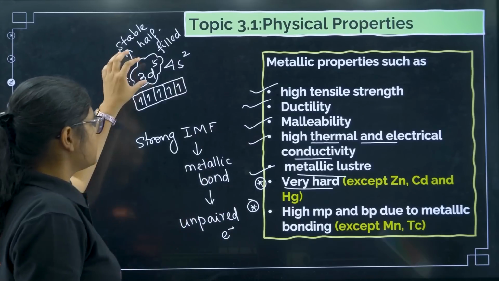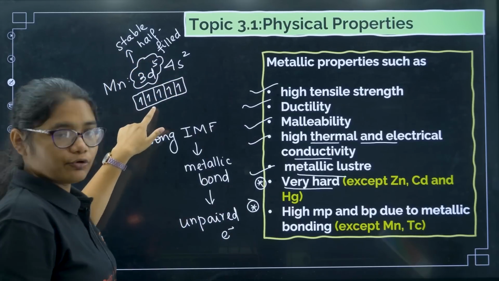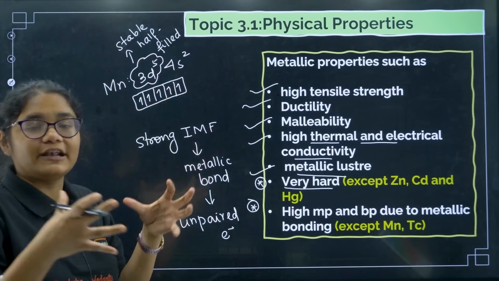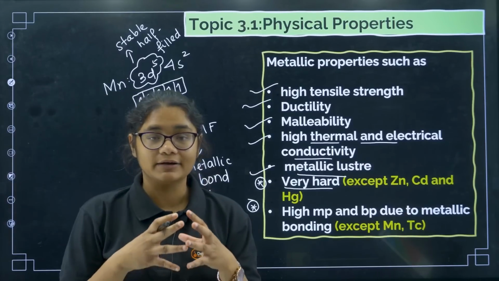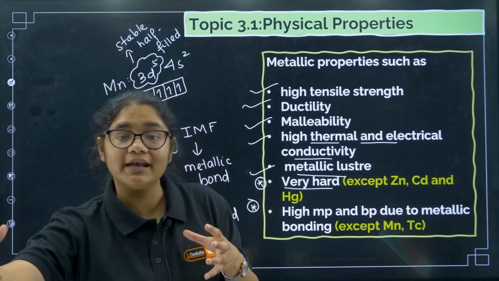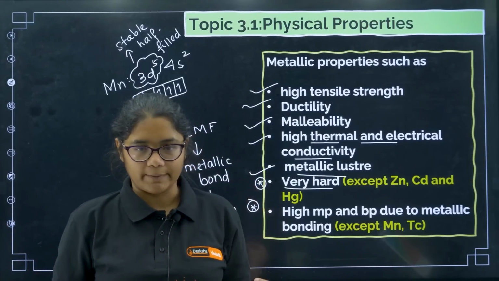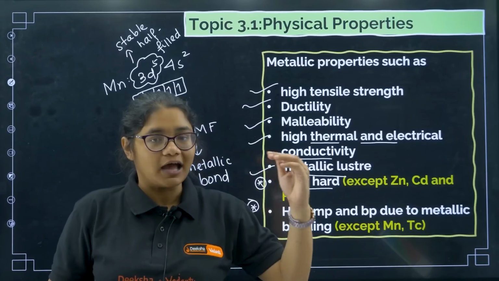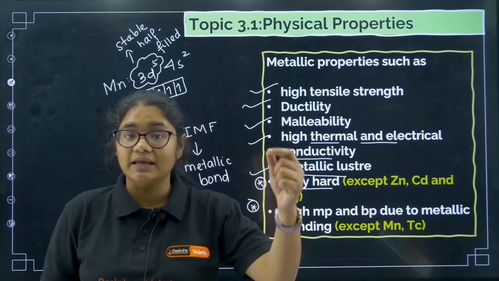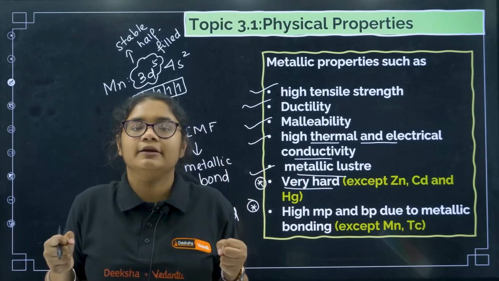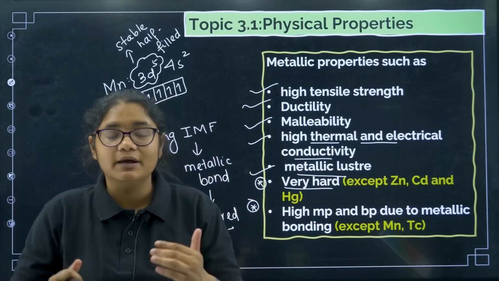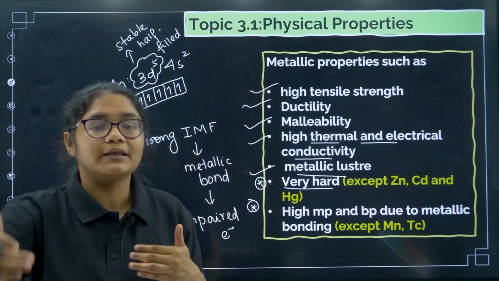Now because of this stability, these electrons are very strongly attracted towards the nucleus, so they are not available for metallic bonding. So even though it has unpaired electrons, it is a very stable configuration, and that is why these electrons cannot form metallic bonding.